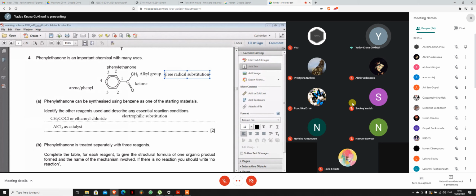Can undergo only free radical substitution. This ketone group can undergo nucleophilic addition. All right. It can undergo reduction to a secondary alcohol.